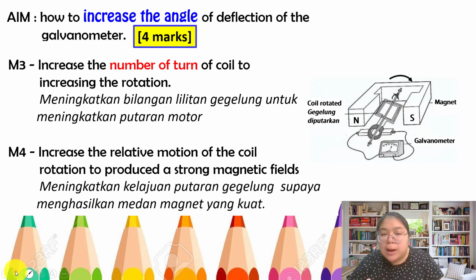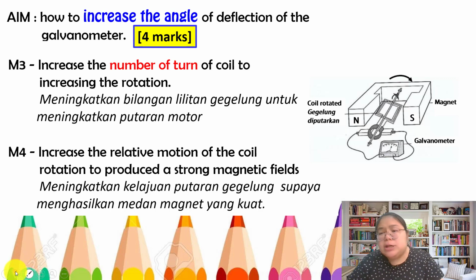You increase the number of turns of the coil, that means it will rotate, and rotating means it cuts the flux more. Another one, you can say increase the relative motion of the coil, make the coil turn faster, so you can produce a strong magnetic field.